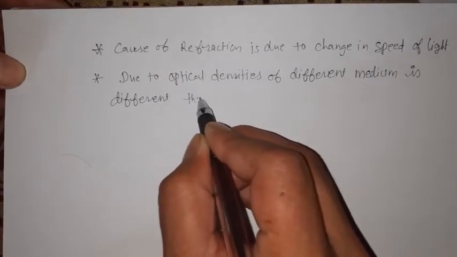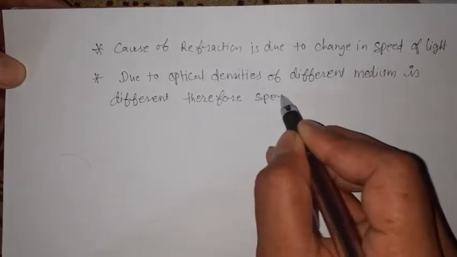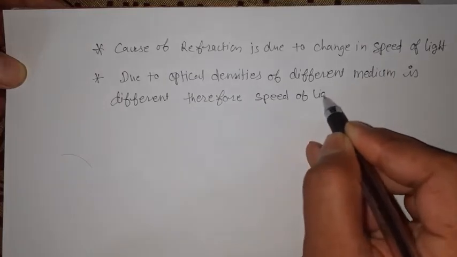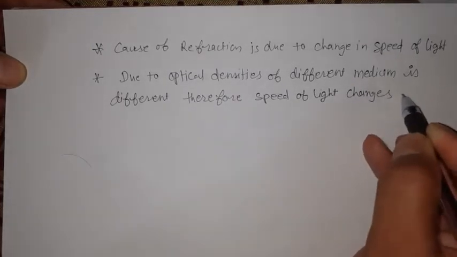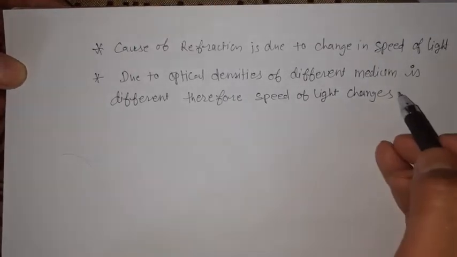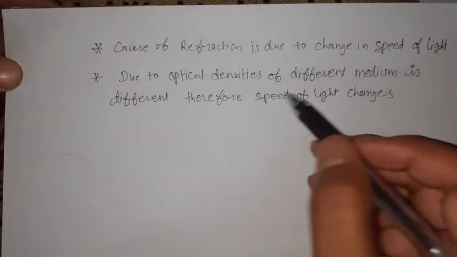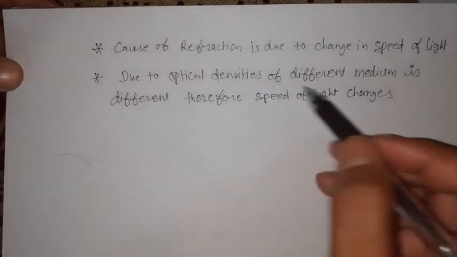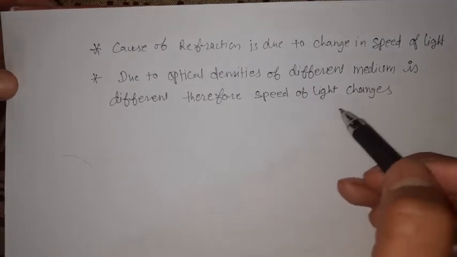Therefore the speed of light changes. That is the important point, why there is a change in speed. It is due to the change in optical densities, and because of this there is a change in speed of light.